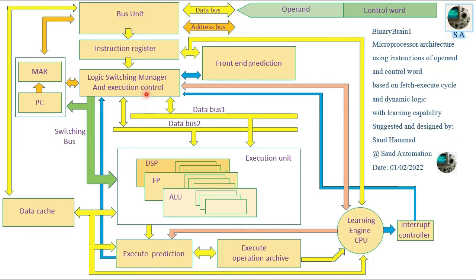Also, the logic switching manager keeps tracking what is the most executed operation all the time. So it sets and switches the sub-execution logic in advance to that particular logic mode immediately after completion of every execution.